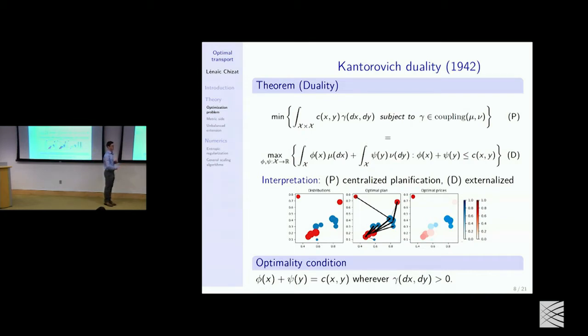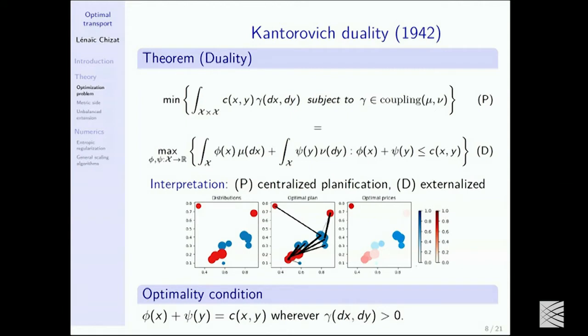Here, the more colorful the dot, the higher the price they charge. For instance, we see that the factory which is very far away from all the shops gets a very high price for this transfer. And here we can check that this set of prices satisfies the constraint.